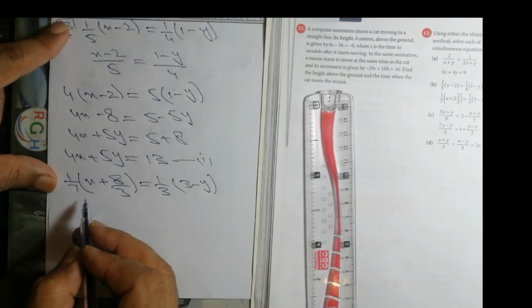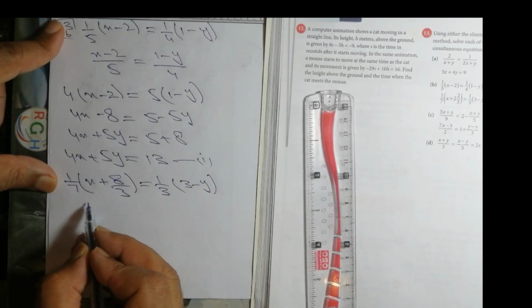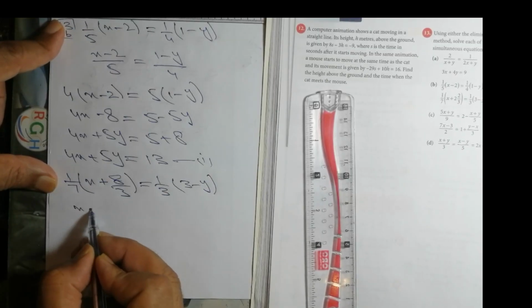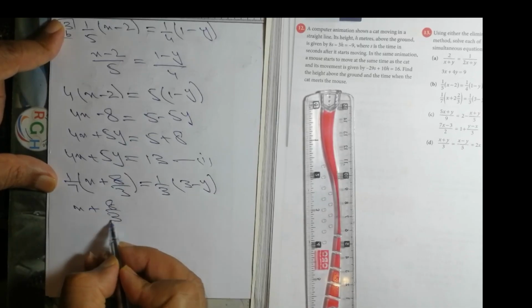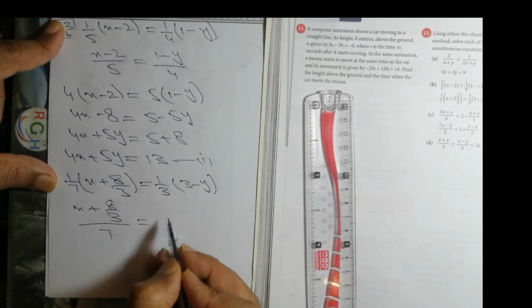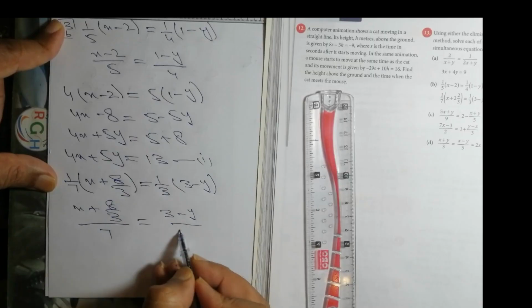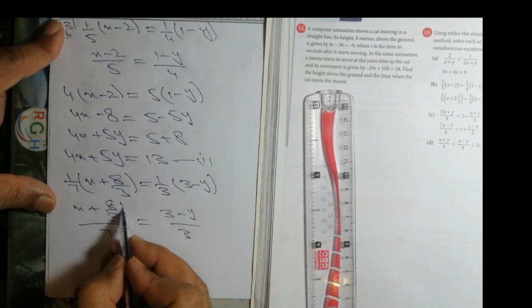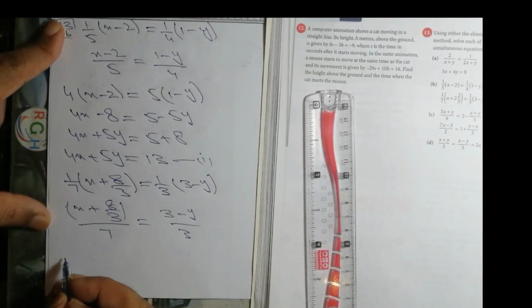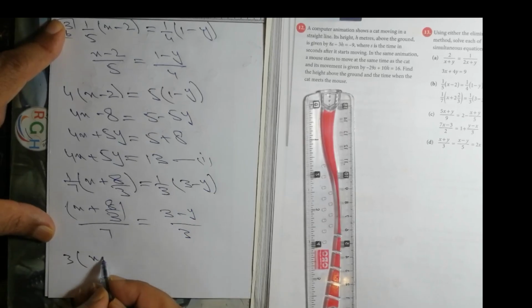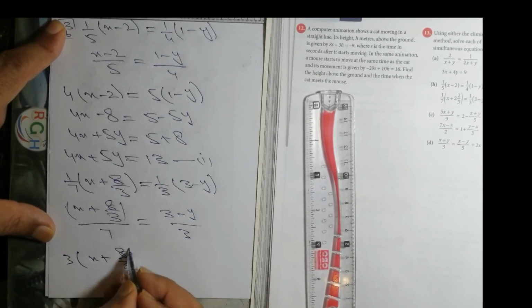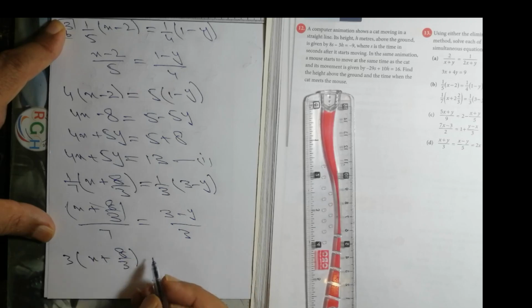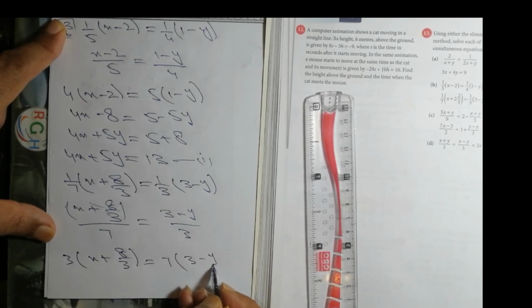So similarly, actually this is x plus 8 by 3 over 7, this is 3 minus y over 3. Now cross multiply, so this will be 3 into x plus 8 by 3, this one and this one, equal to 7 into 3 minus y.